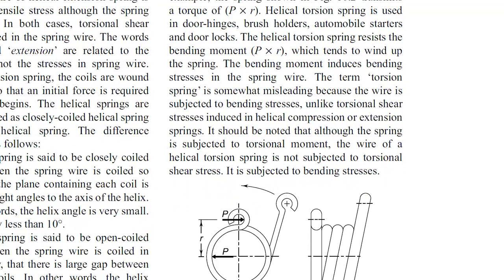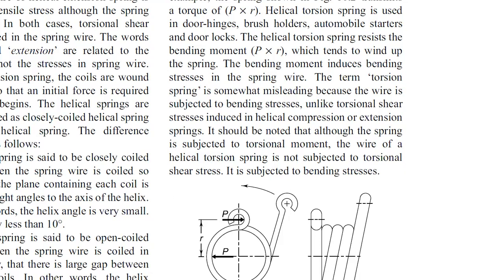Now, the helical torsion spring is generally used, for example, let me take some applications. It is used in door hinges. It is used in brush holders and automobile starters. Automobile starter means you are pressing a key to start the vehicle, right?